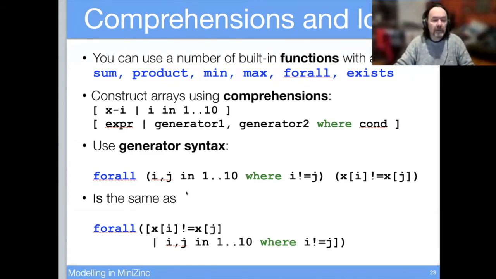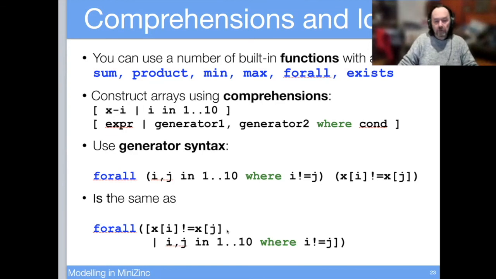So this is the generator syntax where you essentially put the generator information in the parentheses and then the expression you're trying to build. This is actually syntactic sugar for this. So here's the generator, right? We build up an array with all these expressions, and then we apply the forall function to it, which means we're saying all of these expressions have to be evaluated to true, right?